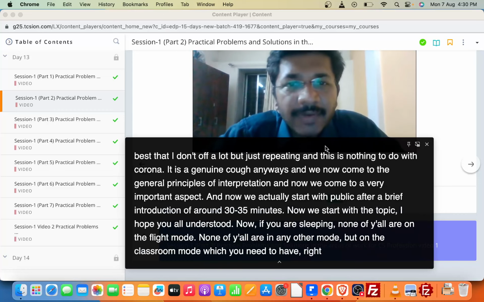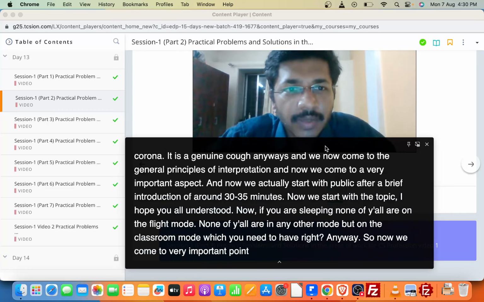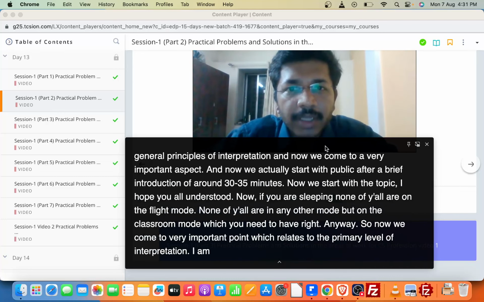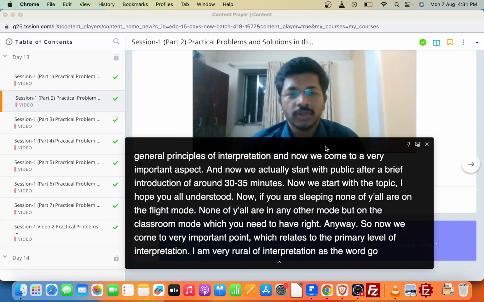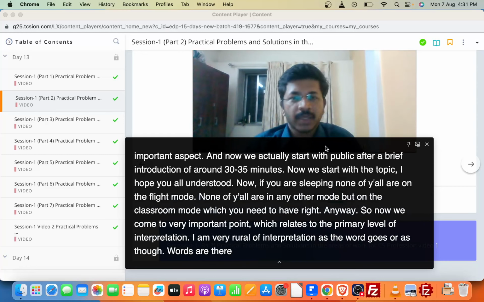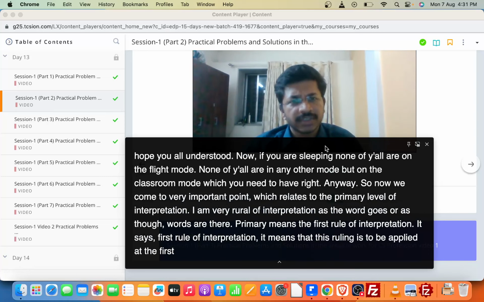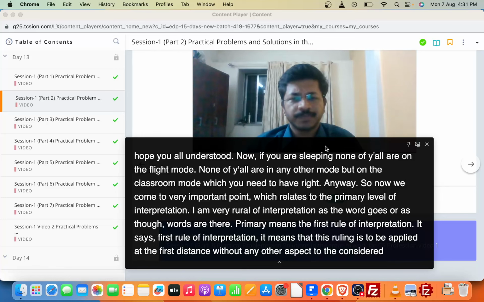Right. Anyway, so now we come to a very important point which relates to the primary rule of interpretation. Primary rule of interpretation, as the word goes, primary means the first rule of interpretation. When it says first rule of interpretation, it means that this rule is to be applied at the first instance without any other aspect to be considered.